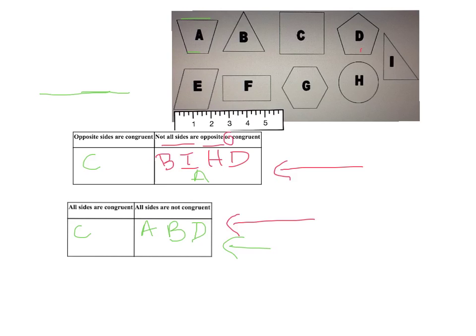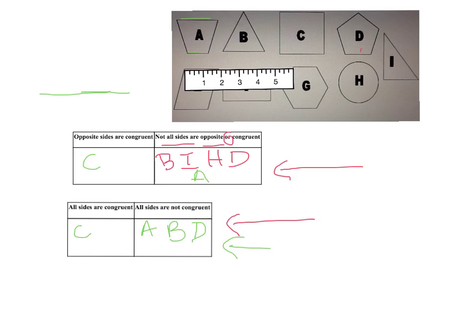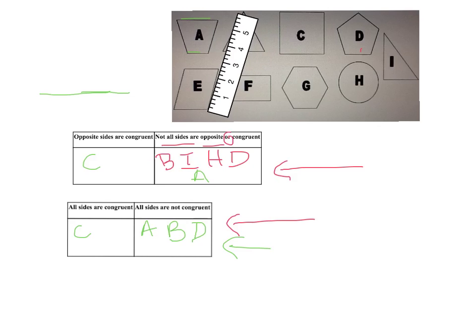Right here, that is a little less than 2. A little less than 2 there. We know the opposite sides are going to be equal as a definition there. And I believe this would be called a parallelogram, right? It's a parallelogram because it has that slant and it forms acute instead of right angles.